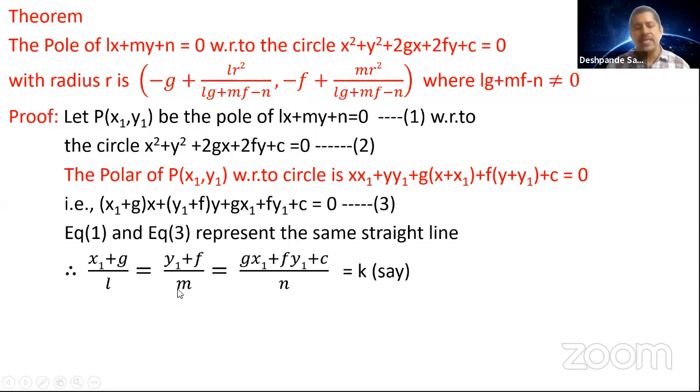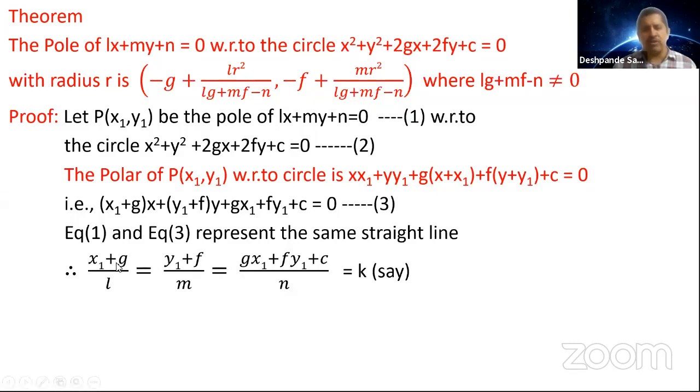So instead of going by the general method, you assume all these values to be a common number called k. So (x1 + g)/l = k, (y1 + f)/m = k, and (gx1 + fy1 + c)/n is also equal to k. You have just taken one number k, which is unknown and which you will find later.